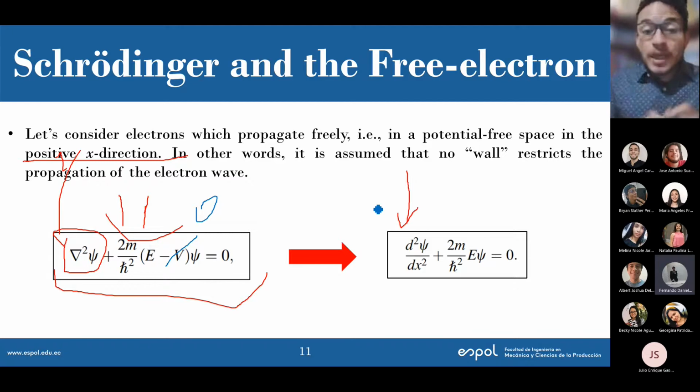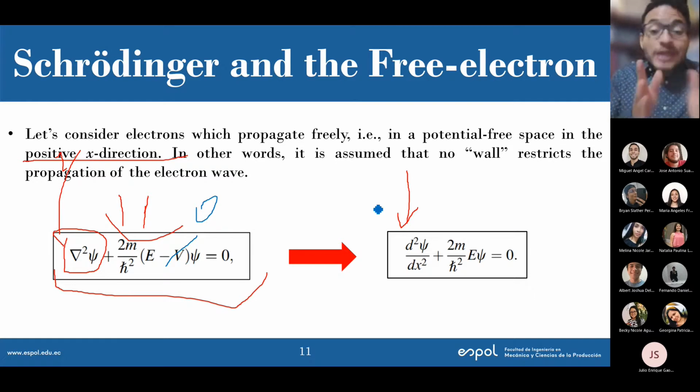Because the electron is moving freely. It's propagating freely. We'll see later another case when the electrons find barriers. The potential energy is basically related to how the electron is moving. If the electron is moving freely, it can propagate all around with no restrictions. That means there is no barrier for the electron movement.